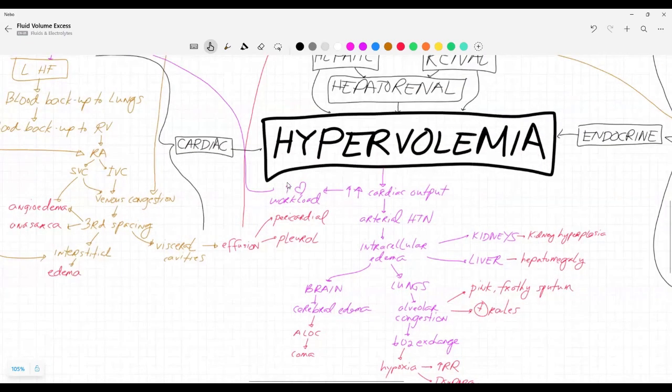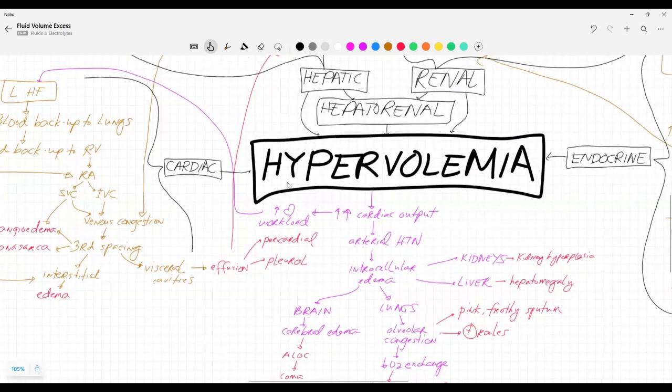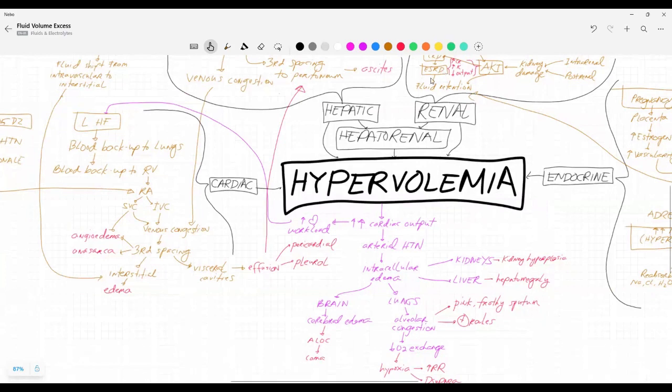And so if this is something that is chronically going on because of end-stage renal disease or because of liver cirrhosis, then that excess amount of fluid can lead to left-sided heart failure because of the increased workload of the heart, if the patient doesn't already have left-sided heart failure. And so it's kind of like a vicious cycle that's going to just continue to increase the fluid.